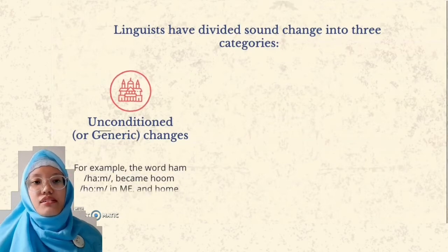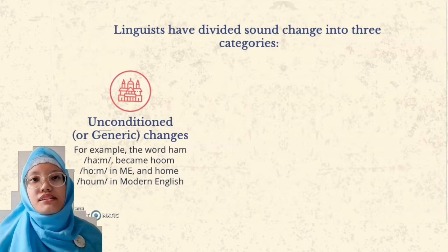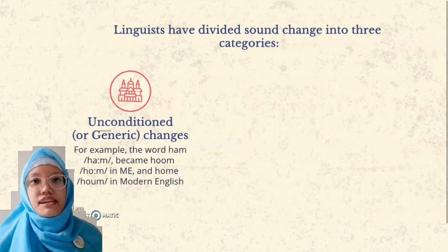For example, Old English A changes everywhere to Middle English O, and to Modern English O. For example, the word ham became home in Middle English and home in Modern English. But unconditional or generic changes are rare.